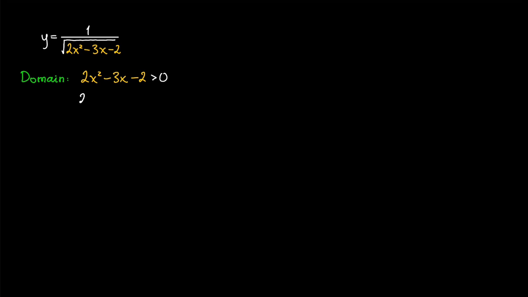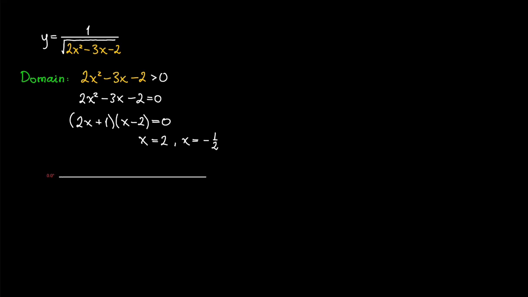We first find the critical points by equating our quadratic function to 0. You can then solve this using the quadratic formula or using factorization. I personally prefer the factorization method, and I get two zeros, x equals 2 and x equals negative 1/2. We then put these zeros on a number line.